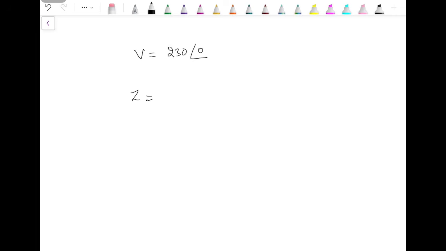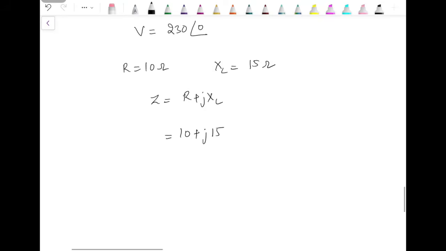The impedance is, and there is a circuit where resistance is 10 ohm and inductive reactance is 15 ohm. So Z will be written as R plus j XL, 10 plus j15. So now what I need to write? I need to write current as 230 angle 0 upon 10 plus j15.